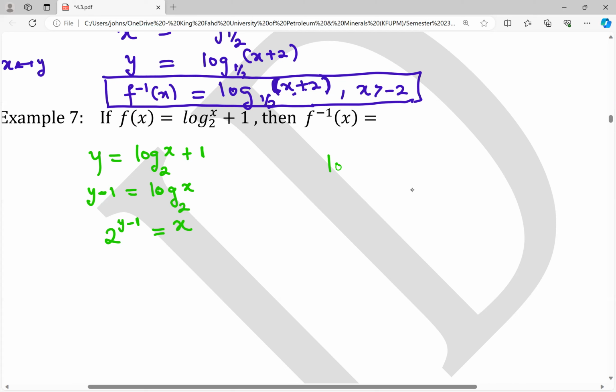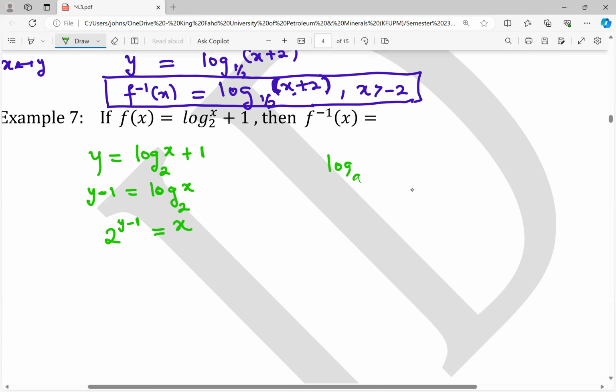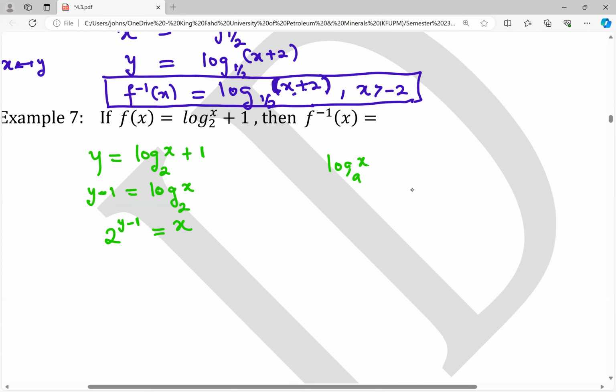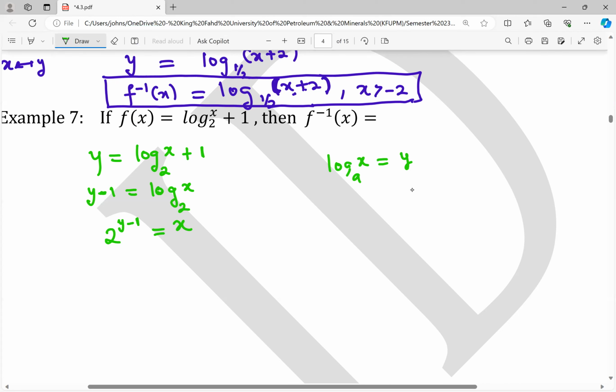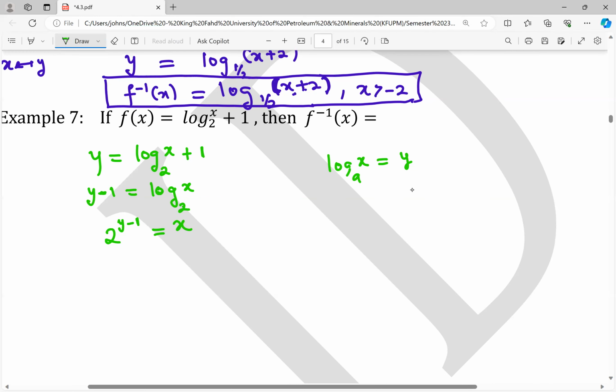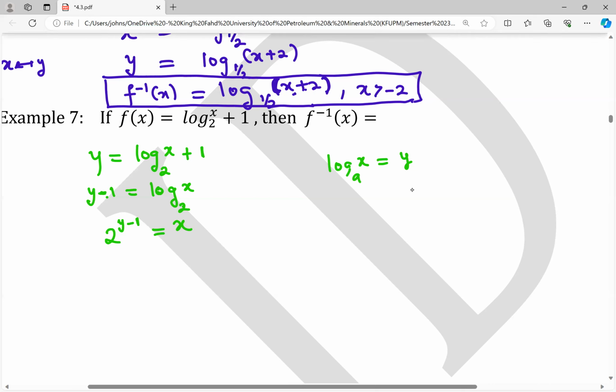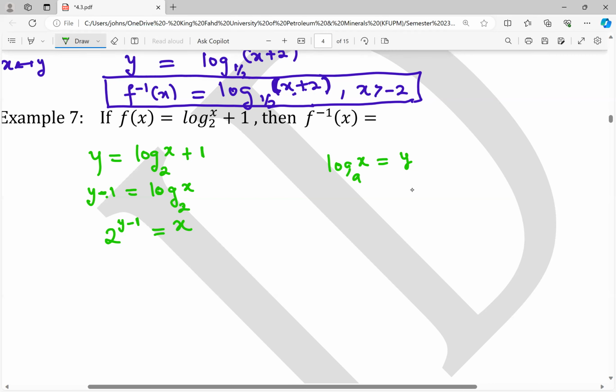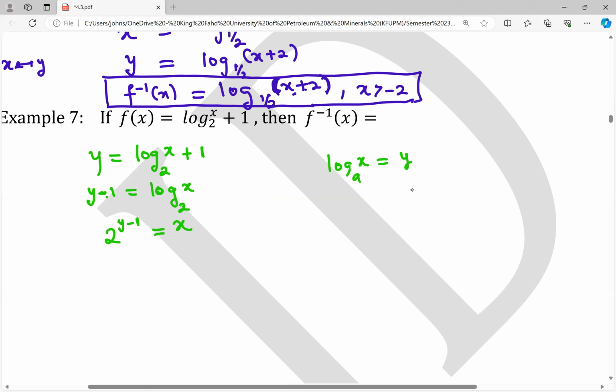Remember, if you have log to base a of x equals y, how do you go back to exponential? Just take the base and raise it to the power y, right? So here our base is 2. So we raise it to the power y minus 1, equals x. So you can see we are back to exponential form. So we have what x is.